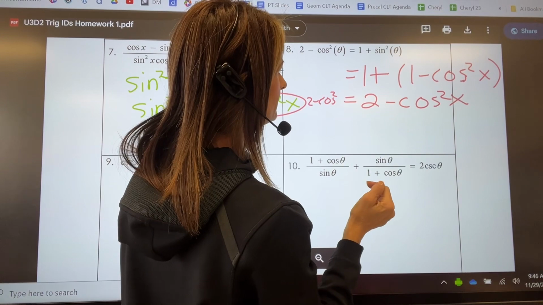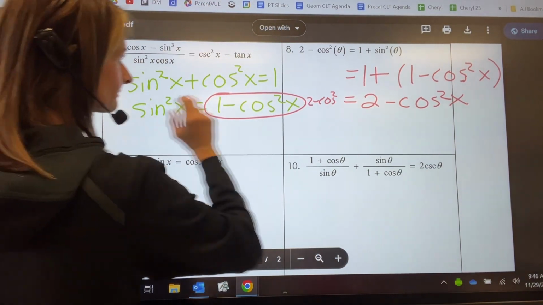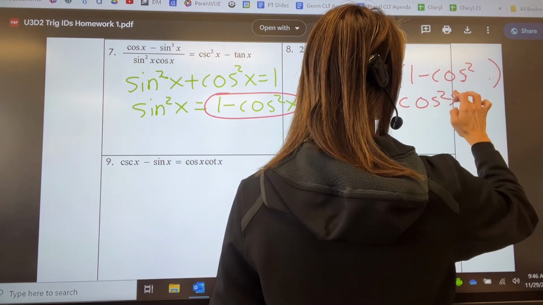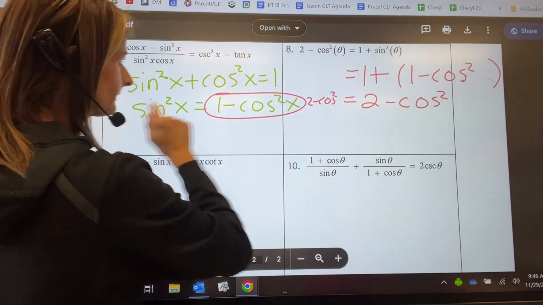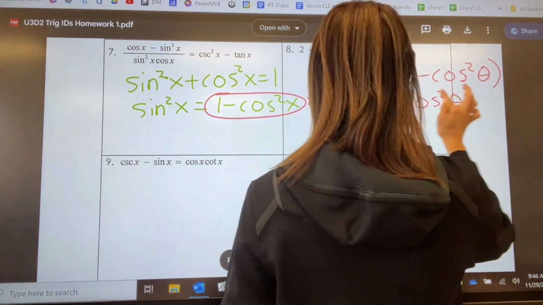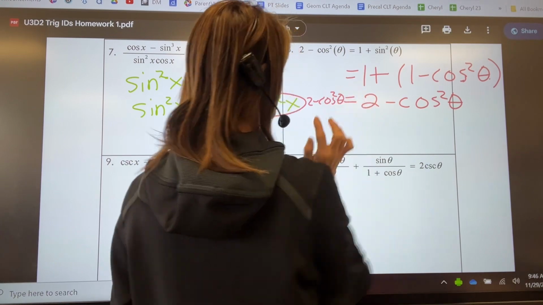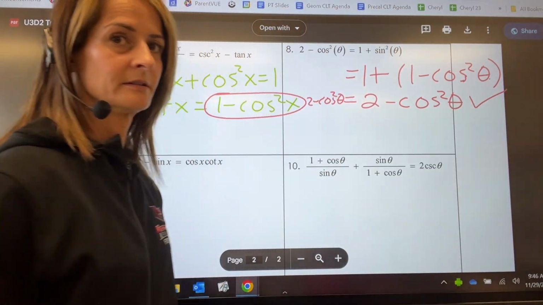Oh, am I putting x? Should be theta. And they're just using theta here instead of x, same thing. But now my right is the same as the left, so I have verified. No questions?